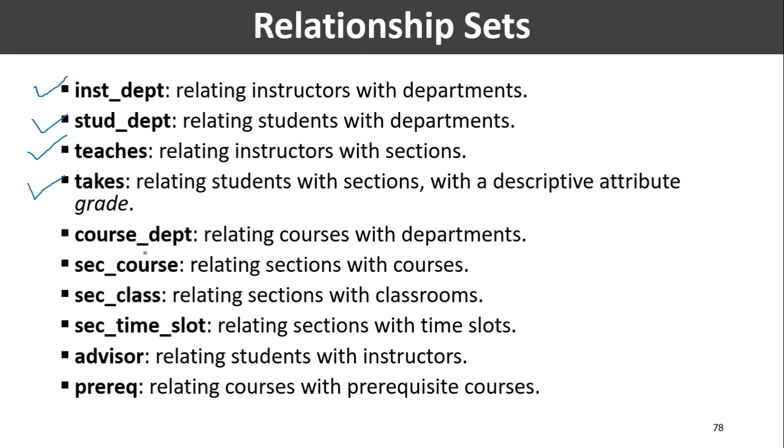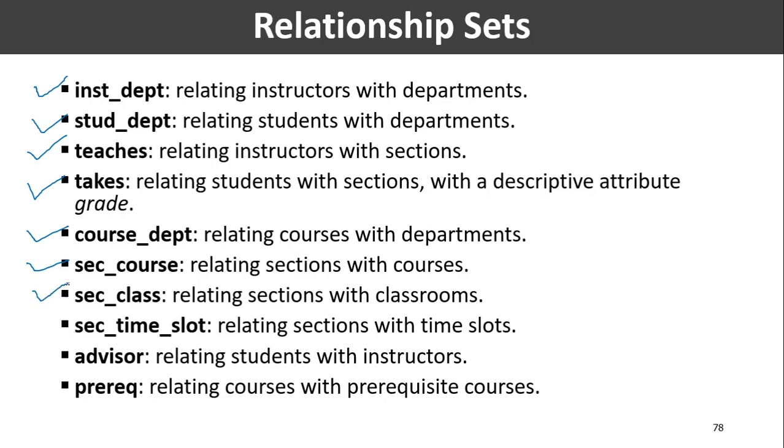Then we are having the association between course and department. So department is offering the courses, so we should have this relationship. Then section course, so which section belongs to which course, that also needs to be depicted, so this relationship. Then section class, so sections need to be associated with the classrooms, okay, where actually the classes are being conducted.